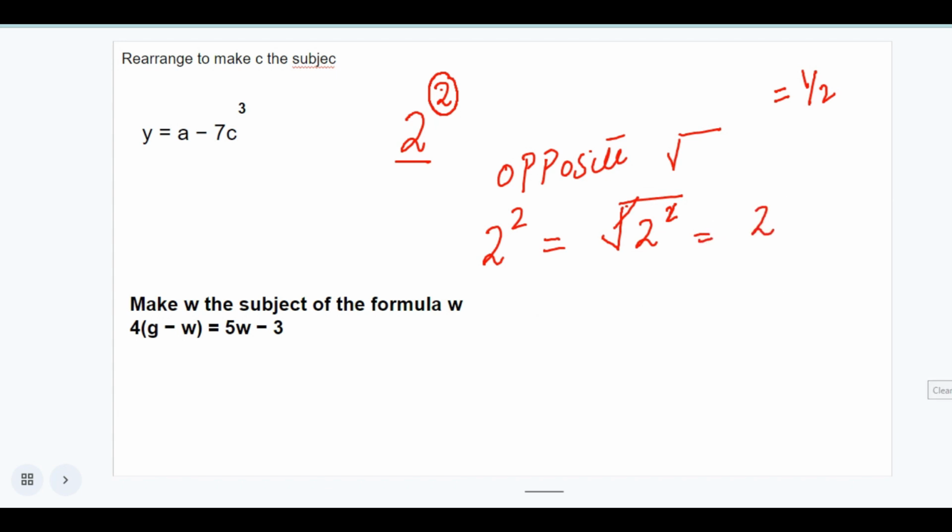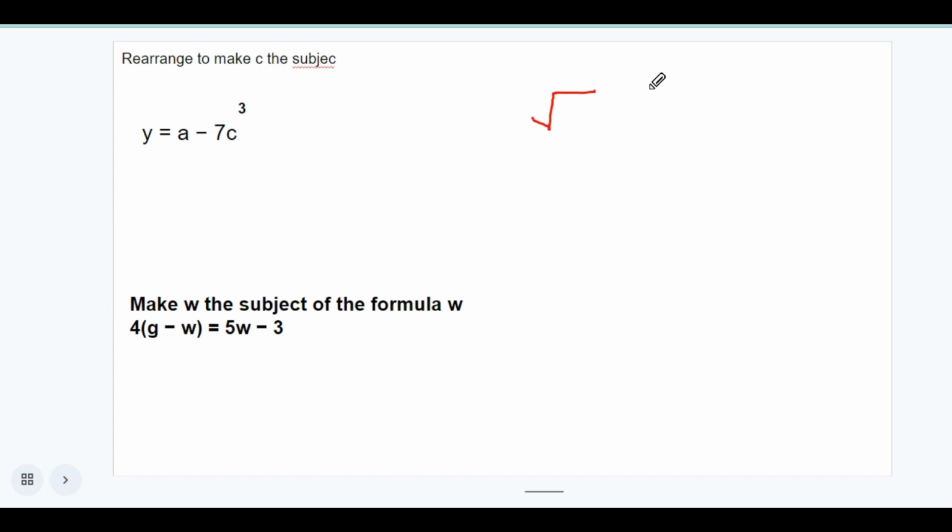Okay, so this all-alone root is called the square root. Whenever you have any number, for example 2 to the power 2, that means 2 squared. The opposite of the square is the square root. It can be cancelled out with the square root.